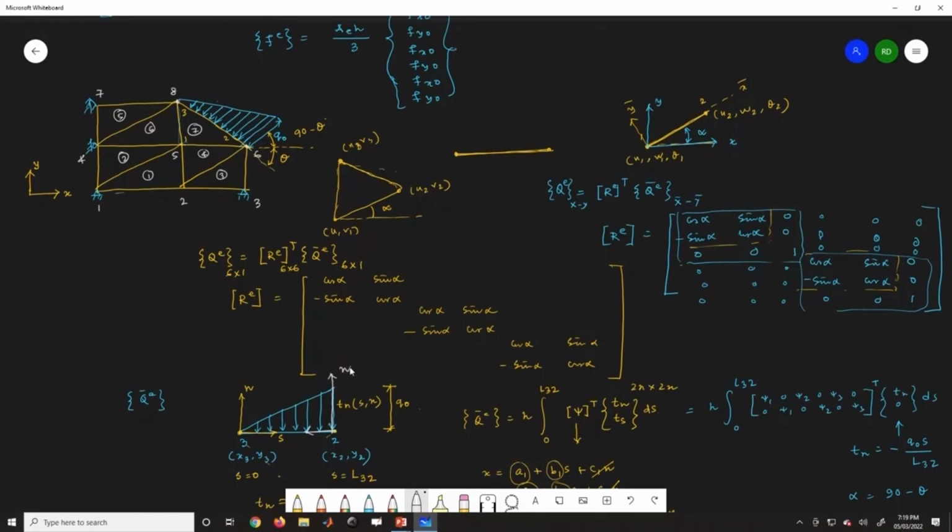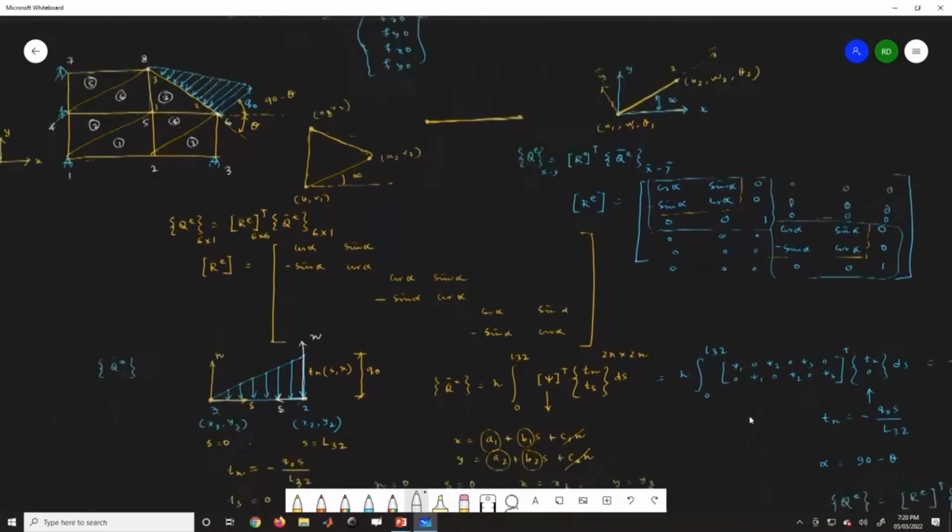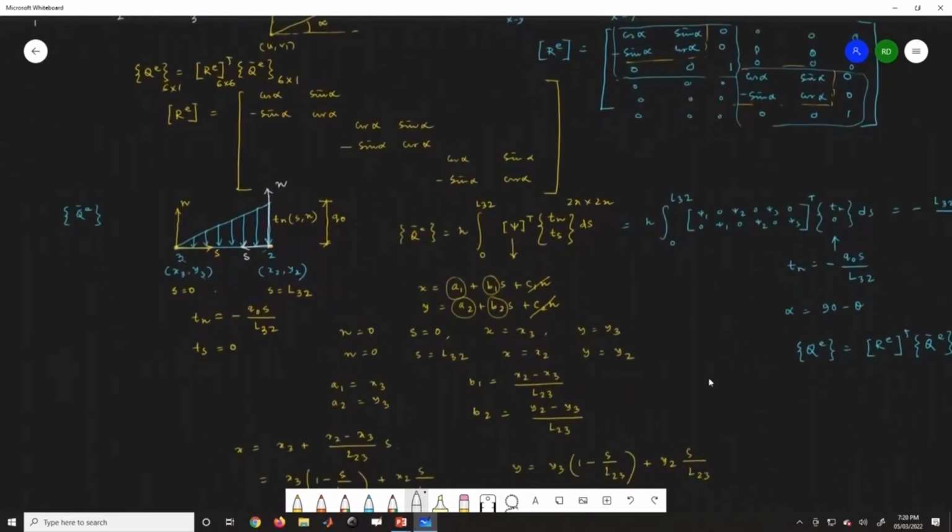So this is my N and this is my S. Then psi 2 will be 1 minus S by L3, psi 3 is S by L3, but your psi 1 will always be 0 because the N variation we are not considering.